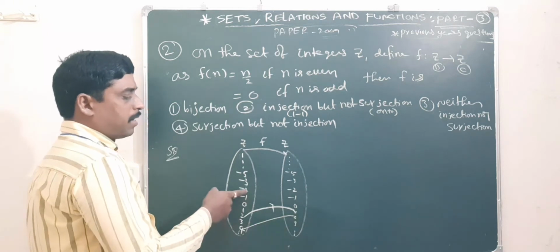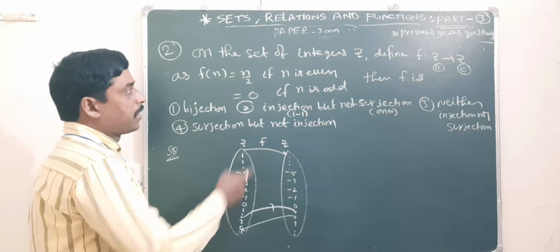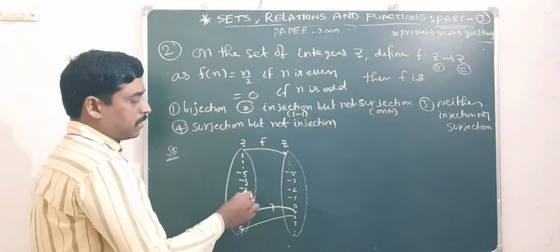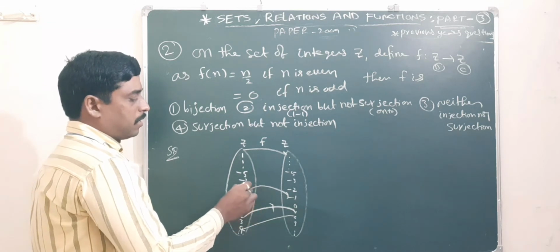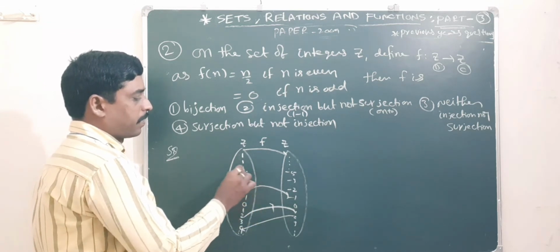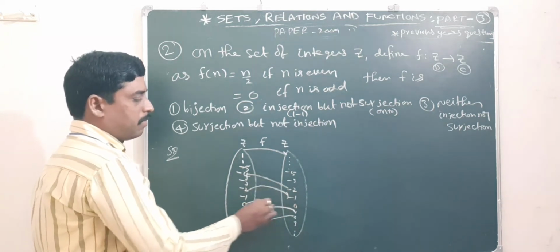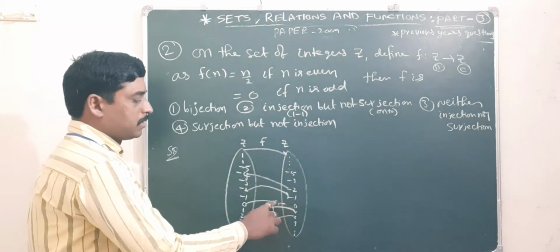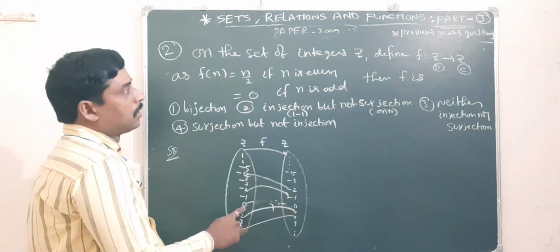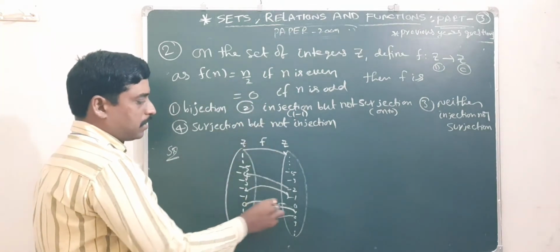Like that, minus 2 is a negative even number. So minus 2 by 2 is minus 1, so minus 2 maps to minus 1. Minus 4 is also there: minus 4 maps to minus 2. And 0 is an even number, so f of 0, 0 maps to 0.